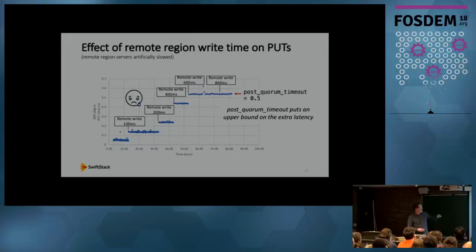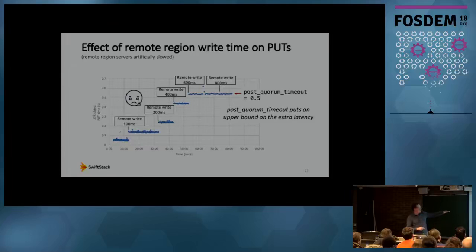It's actually bounded at an upper limit because there's a final part of the whole truth that I need to tell you. So Swift will require a quorum of successful writes. It will then try really hard to write the remaining replicas, but after some timeout, which we call the post-quorum timeout, it'll give up and say, I have a quorum of replicas, I'm going to return to the client and say this write was successful.